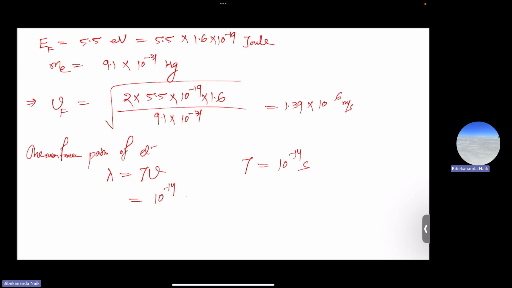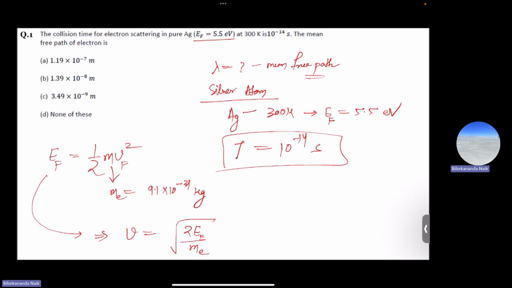So 10 to the power minus 14 into 10 to the power 6 into 1.39 will give us 1.39 into 10 to the power minus 8 meter. If you see the options, option B will be the correct option, that is 1.39 into 10 to the power minus 8 meters. I hope this is clear to all of you.